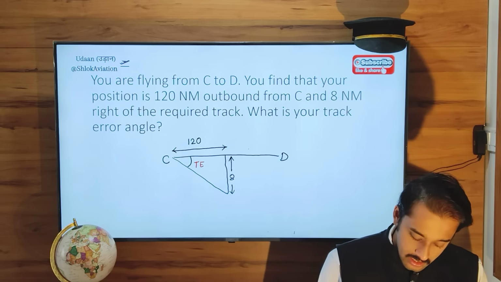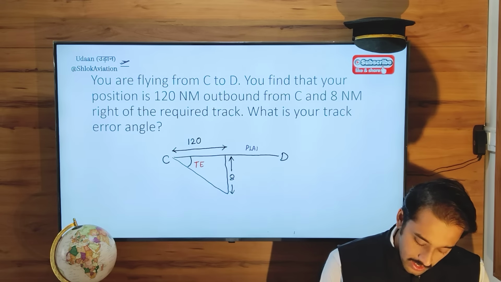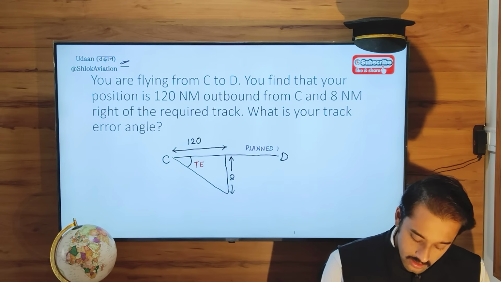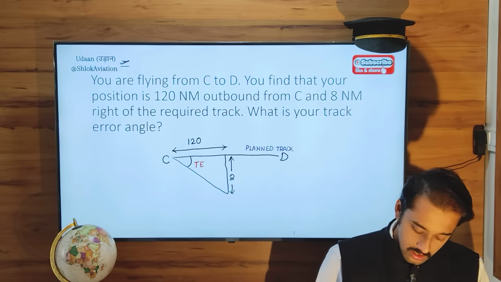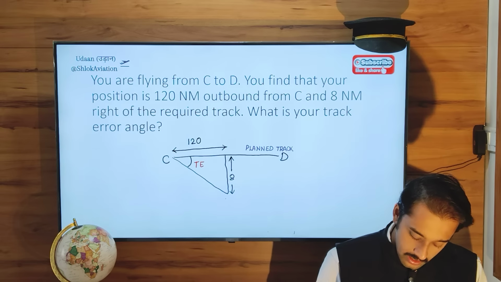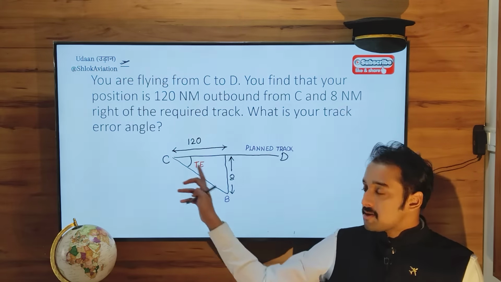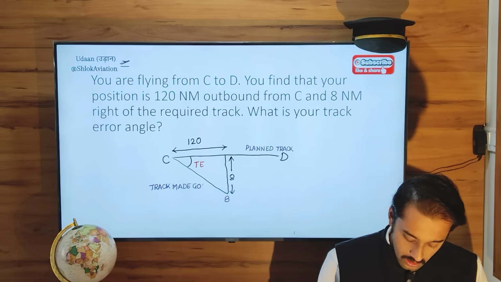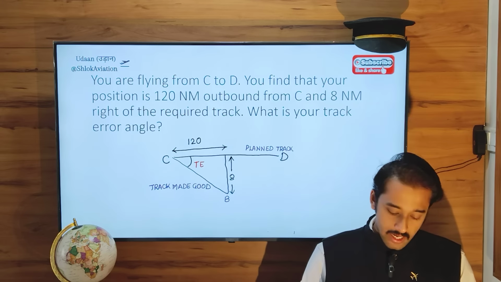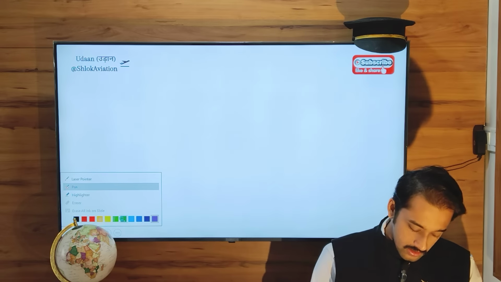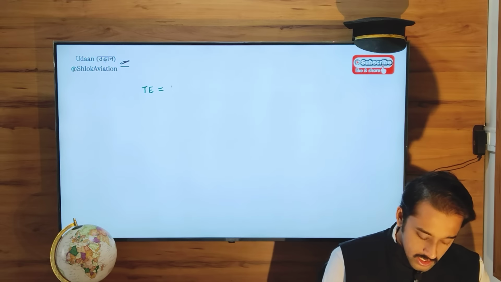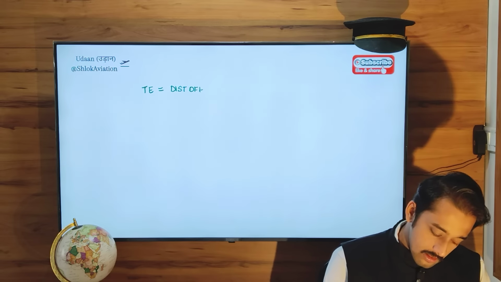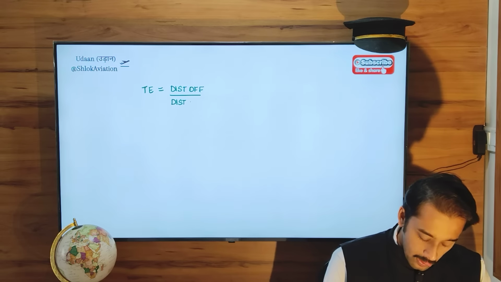CD is your planned track. Let's call this point B. CB is your track made good. Now let's find track error. Track error equals distance of track divided by distance gone into 60.